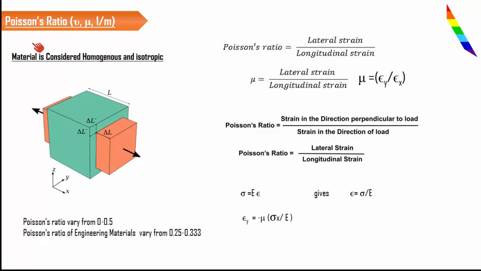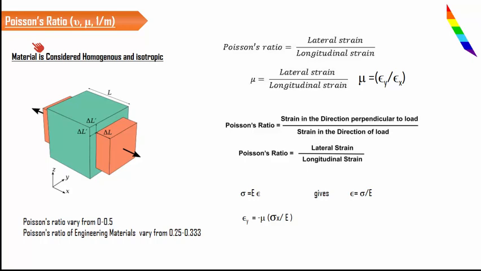Homogeneous is a very common assumption across mechanics of solids, wherein the material is considered uniformly distributed throughout. And isotropic means the material has the same property in all the perpendicular directions. If you move along x or y or even z, the property remains the same.